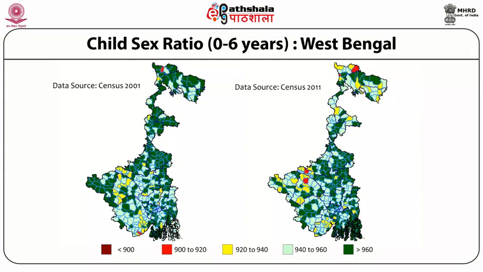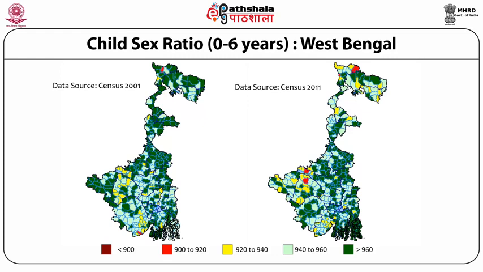Now we are looking at Bengal at the sub-district level. As you've seen before, at the district level, Bengal looks very impressive. But the moment we go to sub-districts, we are seeing, even in upper Bengal, North Bengal, red, which is between 900 and 920 for Bengal. And we are seeing changes even in the lower parts. So this is something which is very, very disturbing.